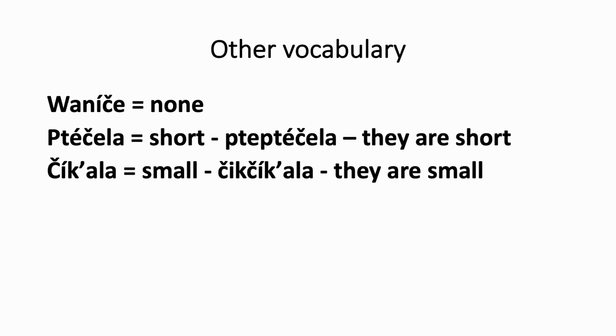Chikala is small, and we reduplicate it when things are small and inanimate. So chikala, chikala. There is that little glottal stop in there with the apostrophe. It breaks that sound up. Chikala, chikala. So when you say it, practice putting that little stop in there.